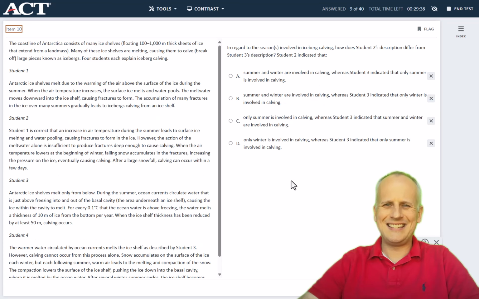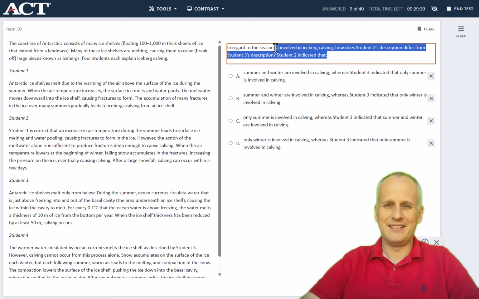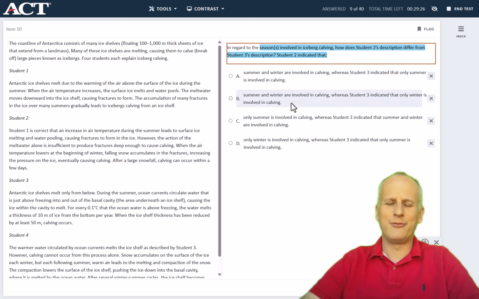In regard to the seasons involved in iceberg calving, how does student 2's description differ from student 3's description? This is a little bit convoluted, but I'm going to focus on the idea of the seasons, and I just need to figure out what student 2 says about the seasons first off, and again, we can use the highlight tool to focus our attention on the relevant information. So we can see that an increase in air temperature during the summer leads to surface ice melting and water pooling.